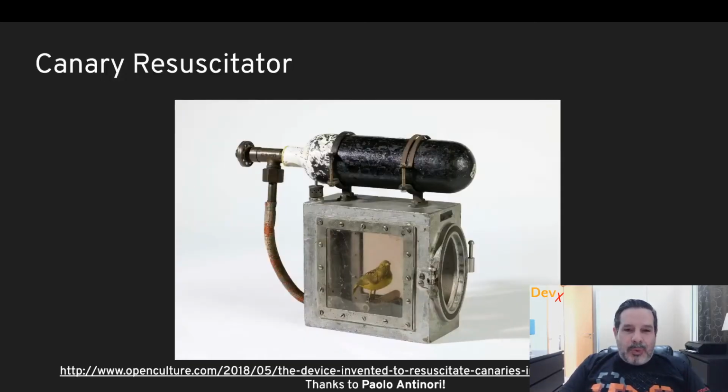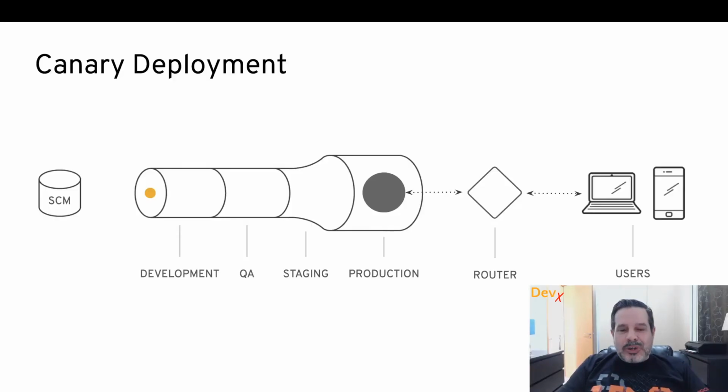Of course, the canary would survive because they had a Canary Resuscitator, where they just closed the door that had contact with the toxic gas, and opened a cylinder with fresh air, and the canary would survive. Okay, but in software, this means that we will place a version of our software on production.